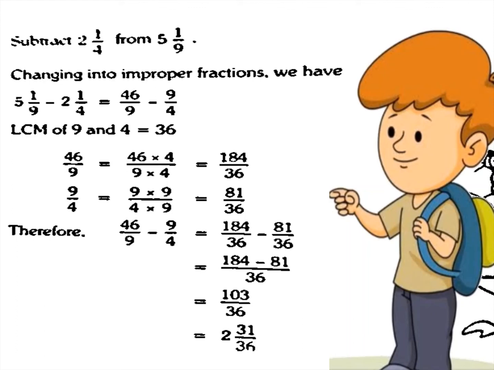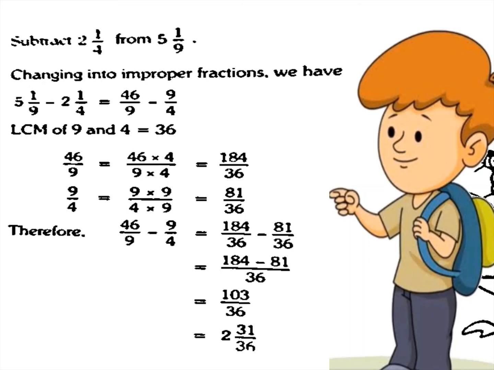So we shall multiply this. 4 9s are 36, so 9 multiply by the numerator, that is 9 9s are 81 upon 36. Next is 9 4s are 36.